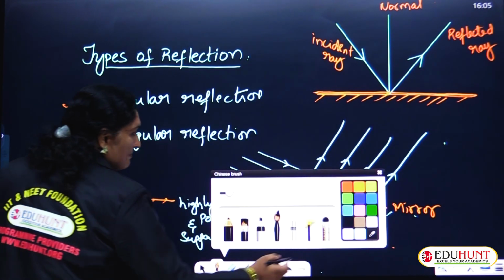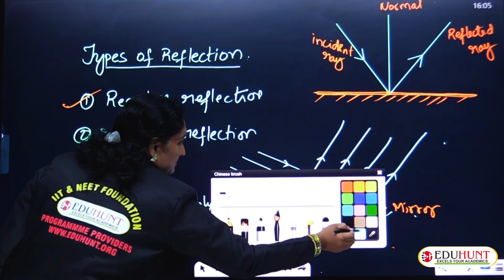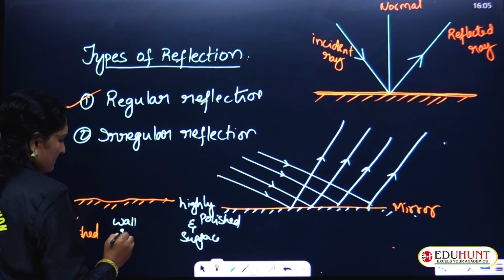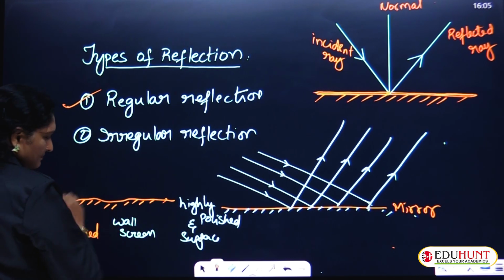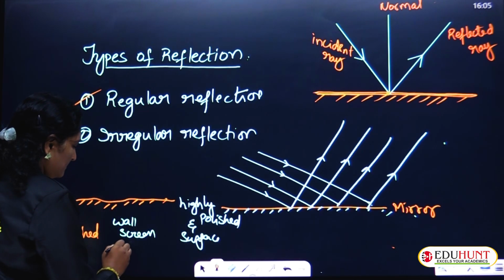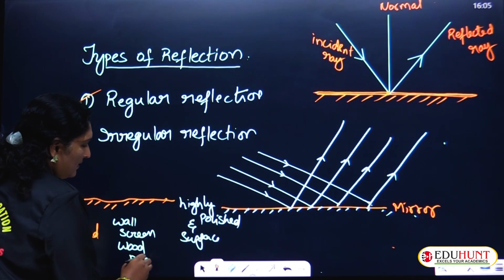Examples of this are a wall, a movie screen, wood, a piece of paper or cardboard.